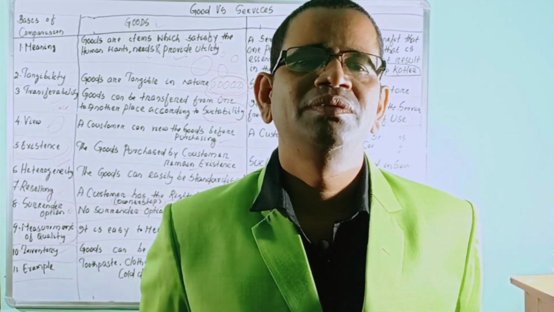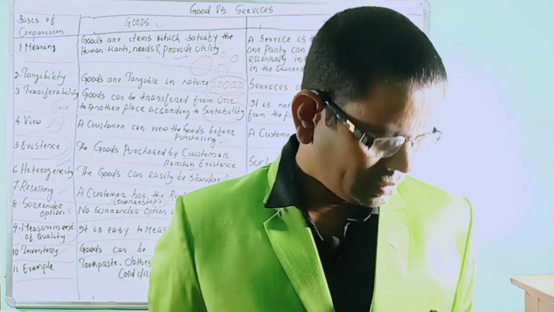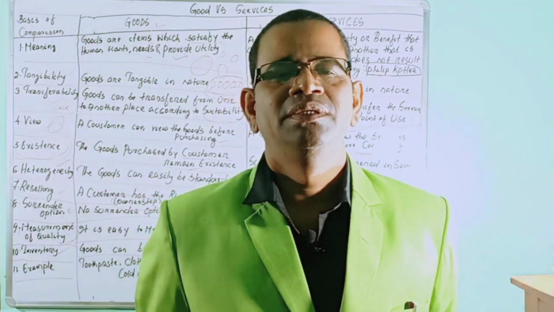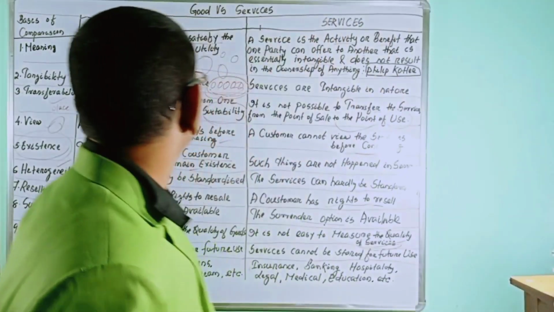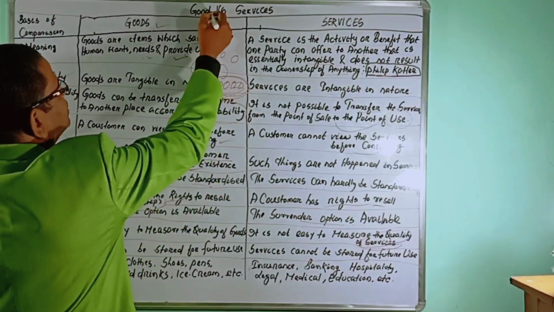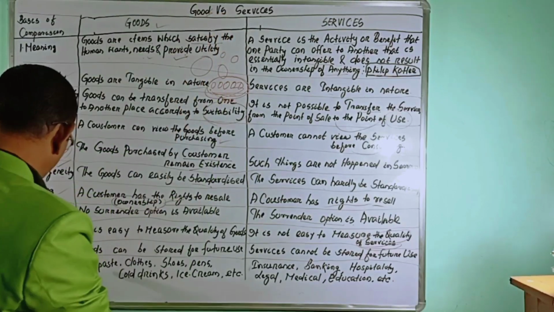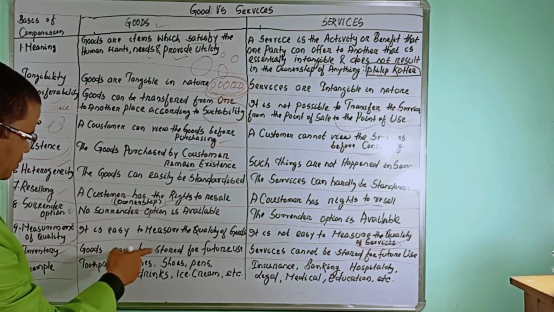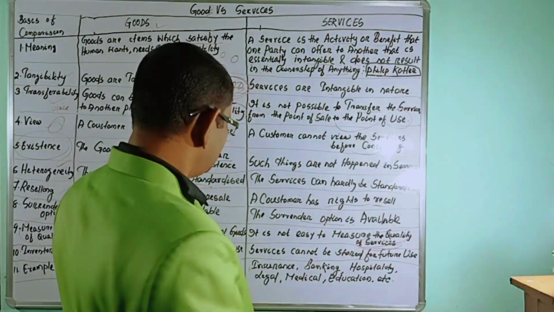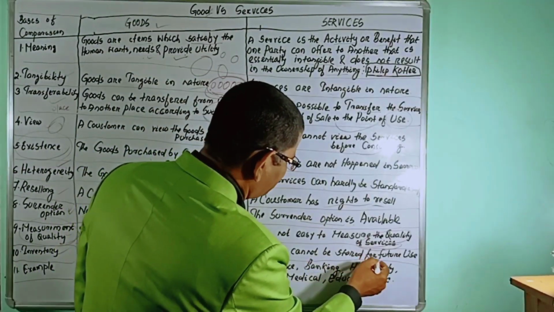According to your convenience or your choice, you can consume or use them. So this facility is available in the case of goods. Goods can be stored for future use, and in the case of services, the services cannot be stored for future use.